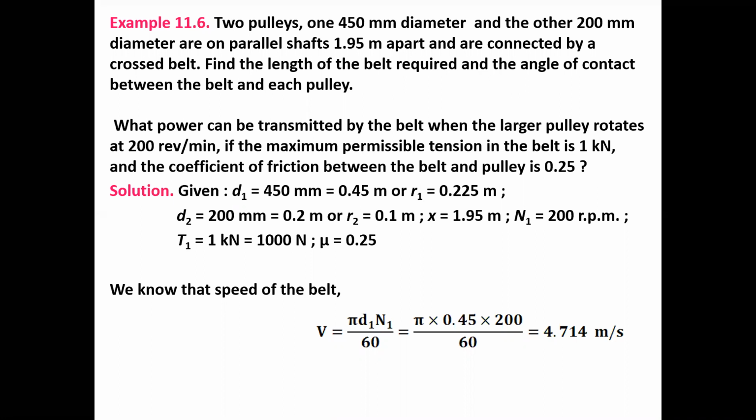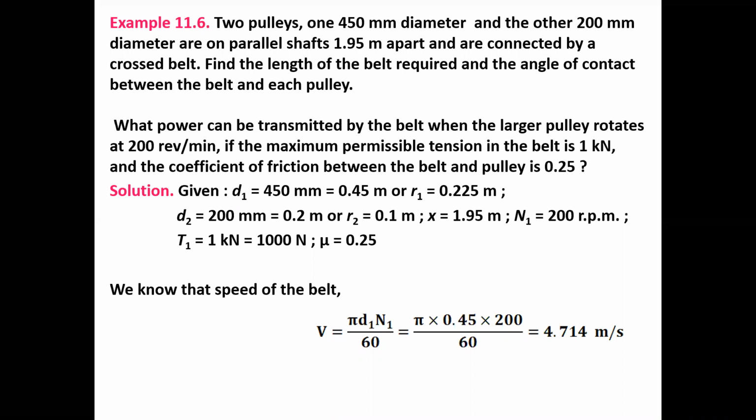What power can be transmitted by the belt when the larger pulley rotates at 200 revolutions per minute, 200 rpm, if the maximum permissible tension in the belt is 1 kilonewton, and the coefficient of friction between the belt and pulley is 0.25? In our problem, read it carefully and write the given values.